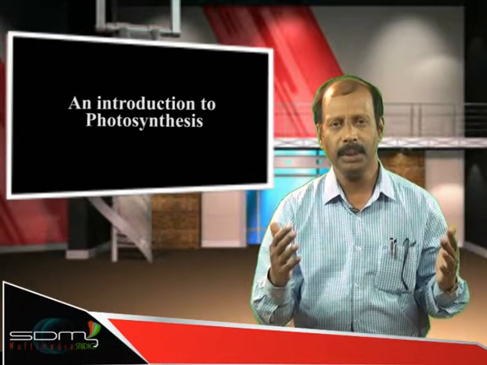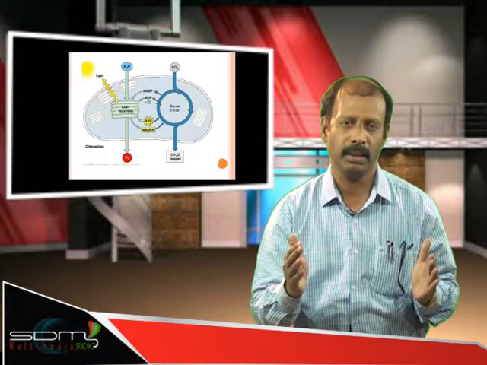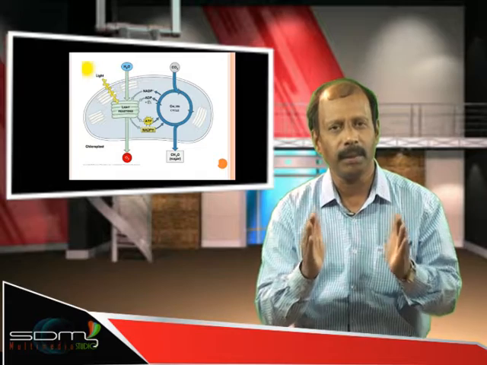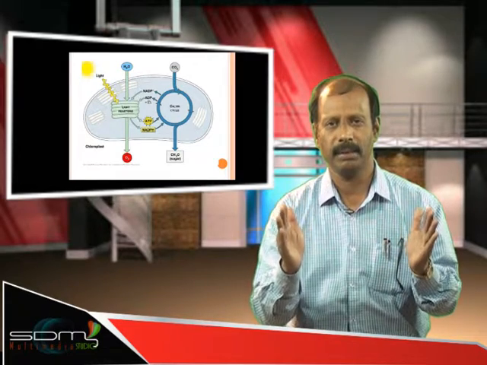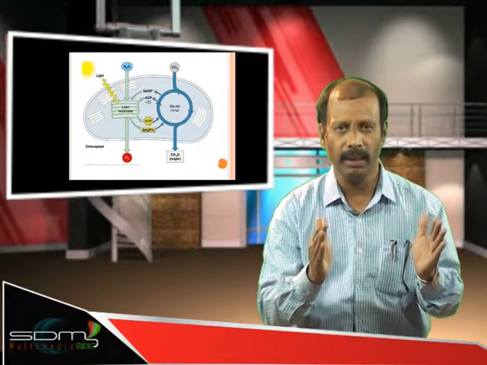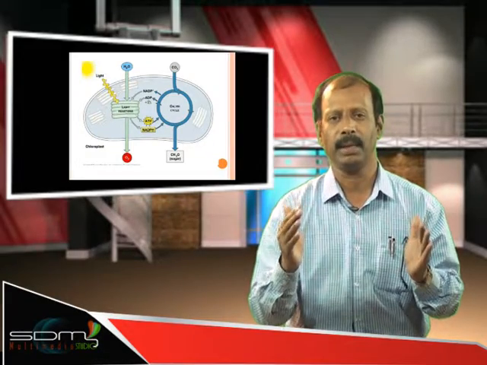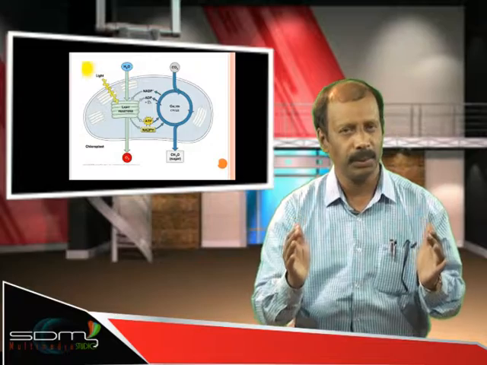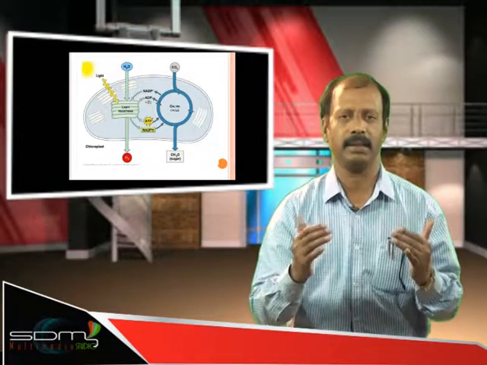Now let us look into the general mechanism of photosynthesis. The mechanism of photosynthesis can be studied broadly under two headings. The first one is light reactions, also known as primary photochemical reactions, or Robert Hill's reactions.